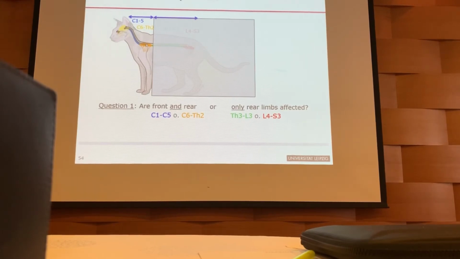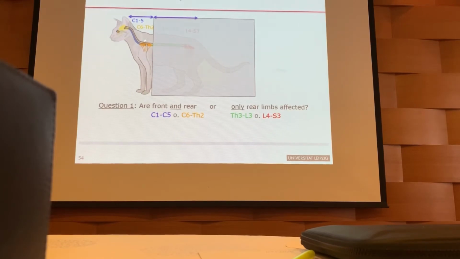Now I am interested in the segmental spinal reflexes in the front limbs. Those reflexes come from the area of C6-T2, that's where the swelling is, that's where the reflex comes from. If I test the reflex, it goes up here, response comes back.